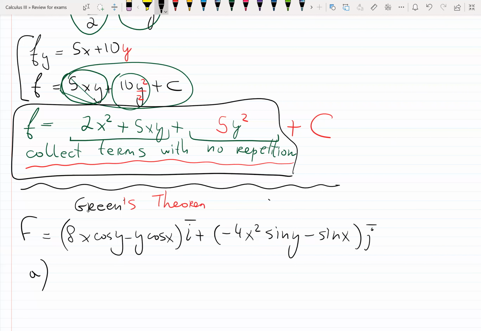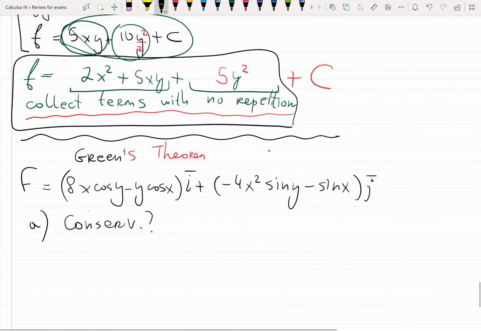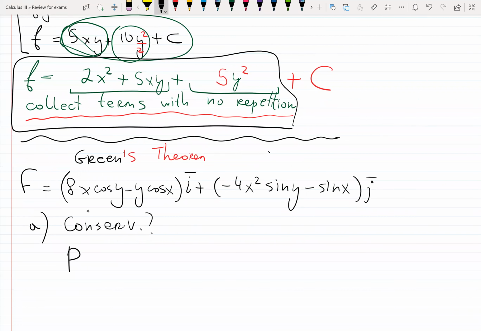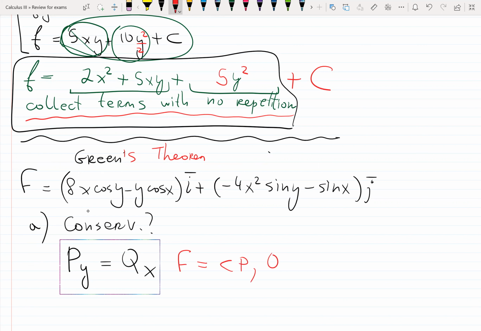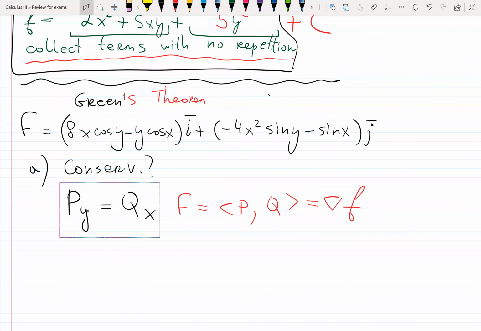So, is F conservative? We can use this: p differentiated with respect to y better match q differentiated with respect to x. That comes from Green's theorem. What is what here? Notation is F, first is p, then is q, like so. And that is derivatives of small f's.